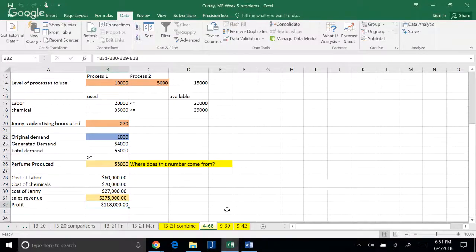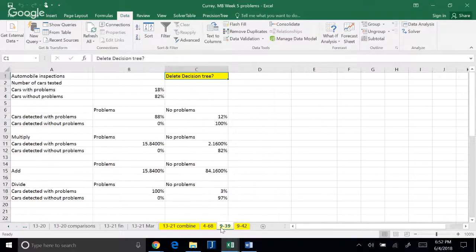Okay, so let's go on to 939. Okay, good. That looks good. Cars detected with problems. Let me look at this and make sure.